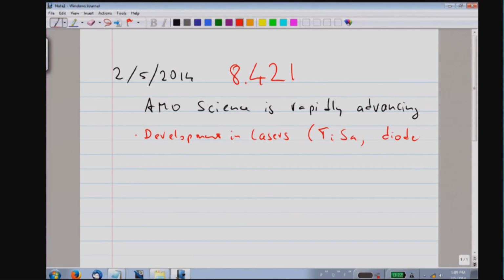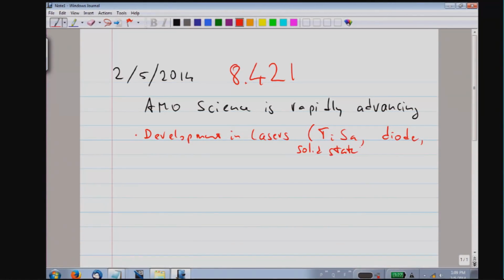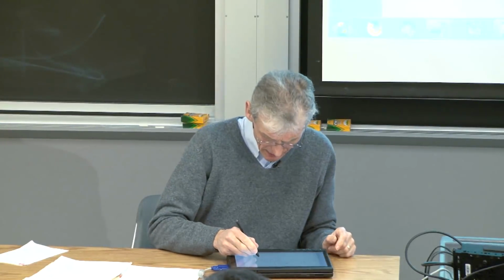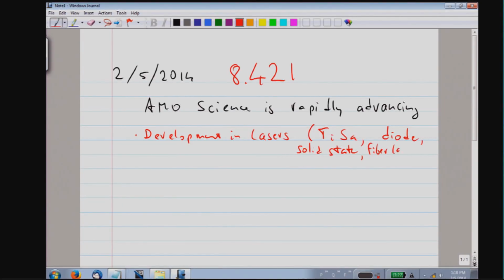When I was a postdoc in the early 90s, people just started to use diode lasers in atomic physics. Well, here you are 20 years later. We see much more solid-state lasers, and I would say even in the last 5 to 10 years, there has been another, well, revolution is too strong a word, but another major advance by having extremely high-power fiber lasers, which are covering more and more of the spectral range.